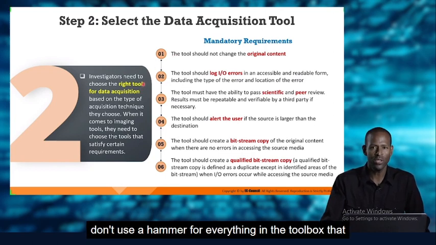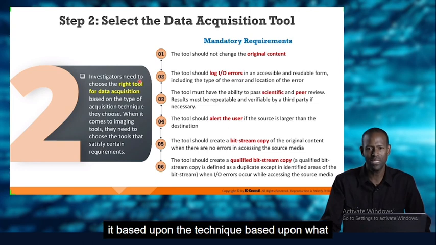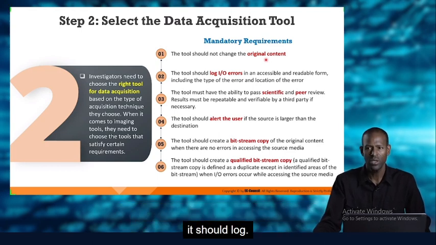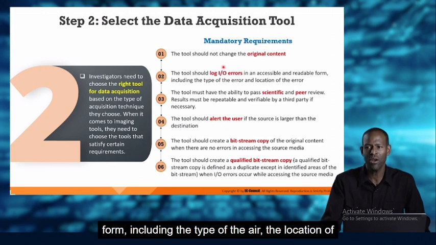So we don't use a hammer for everything in the toolbox, so we need to find what tool we need for it based upon the technique, based upon what type of image we need and what's going on. So the tool needs to make sure not to change anything in the original source. It should log any I/O errors that occur in readable form, including the type of the error and location of the error.